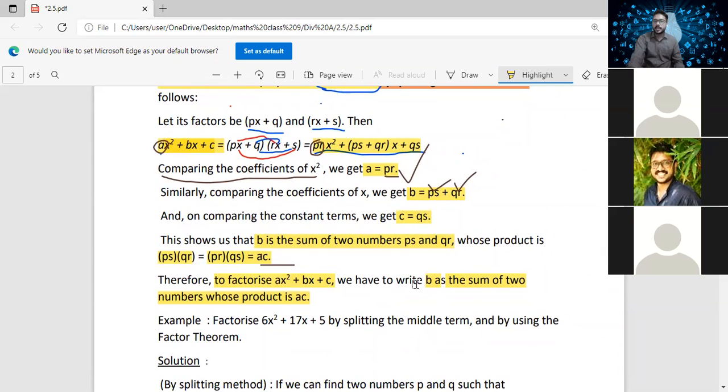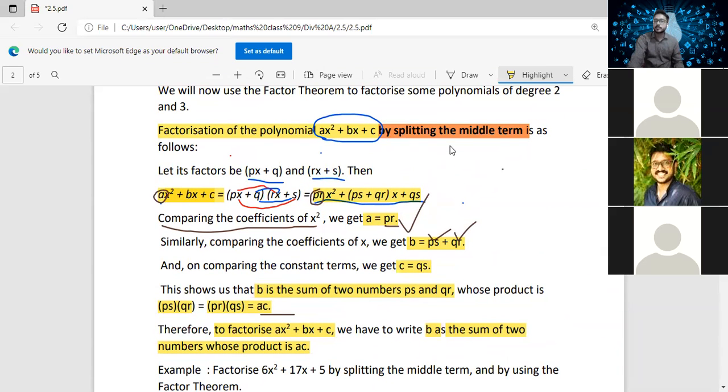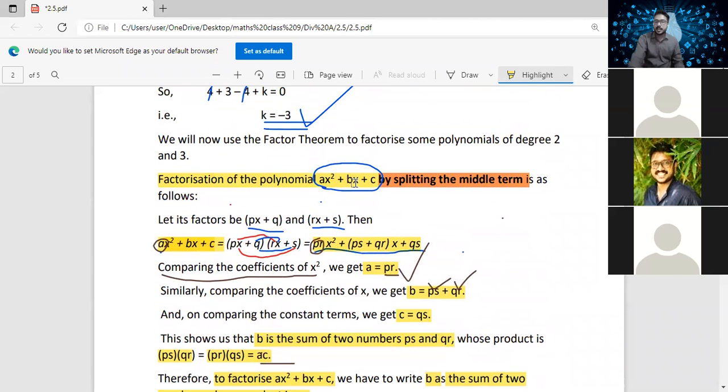Okay, so again let me tell you, splitting the middle term means we are using the middle term b, in other words, the coefficient of x. We are splitting the middle term b, and we are using the split middle term to factorize the polynomial.